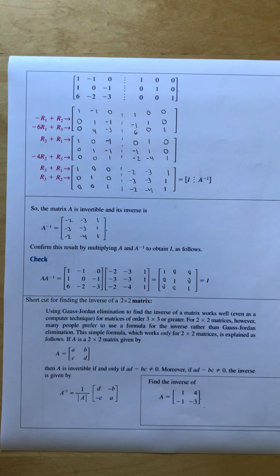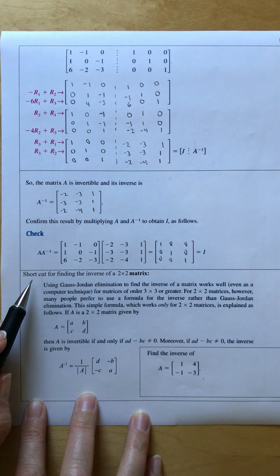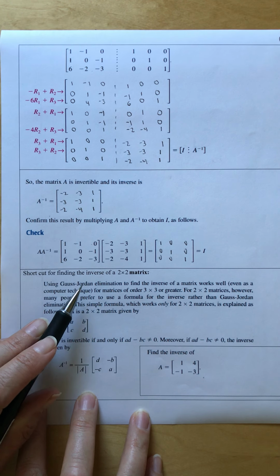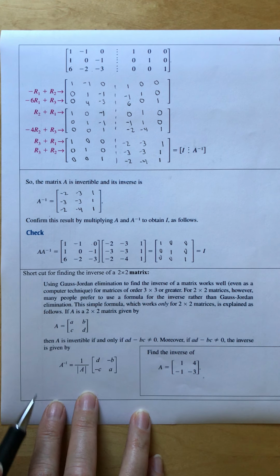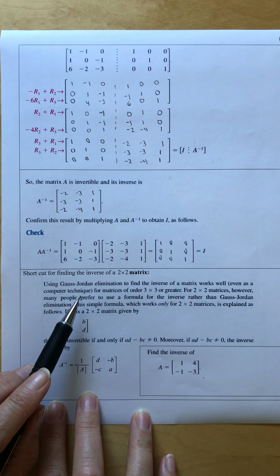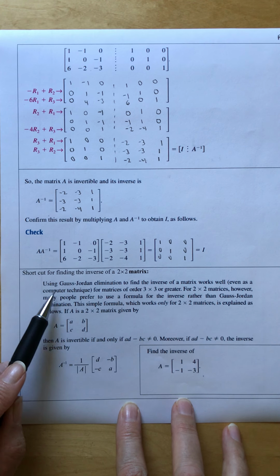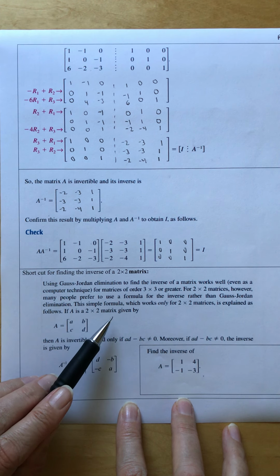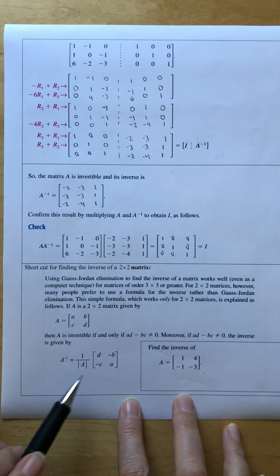So here's a shortcut for finding the inverse of a 2 by 2 matrix. Ooh, that's a good little shortcut. So what we've been doing is kind of doing a Gauss-Jordan elimination to find the inverse of a matrix. But it's a little tricky.